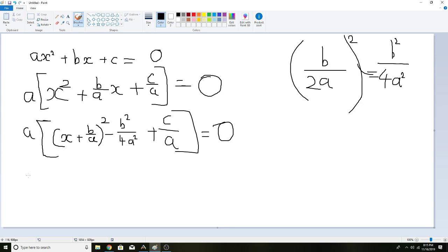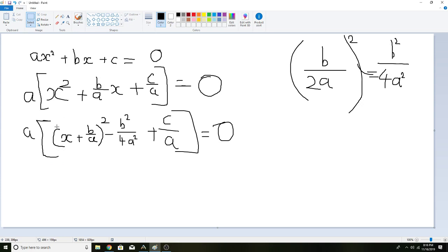What we do next is we multiply a by the square brackets and bring it back into the equation. So a x plus b over a squared, and remember, in fact, before we do that, just rub this out actually.